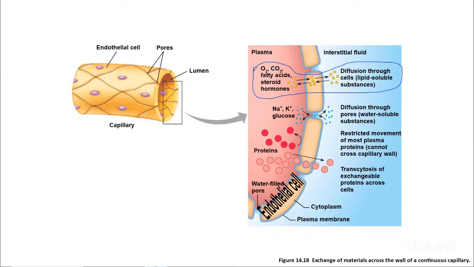Okay. We do have pores in capillary walls, so spaces between the cells. So we are going to have ions able to passively diffuse in these spaces between when we've got pores, which in different capillaries may differ in size, and we'll talk about that in a little bit.